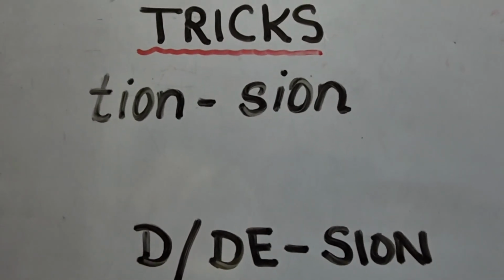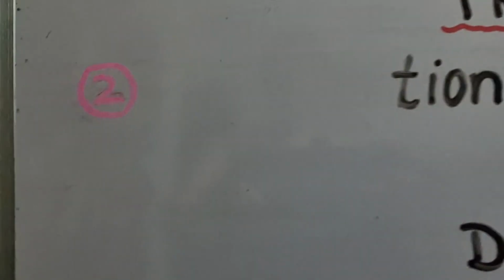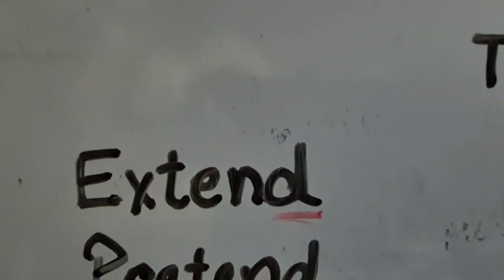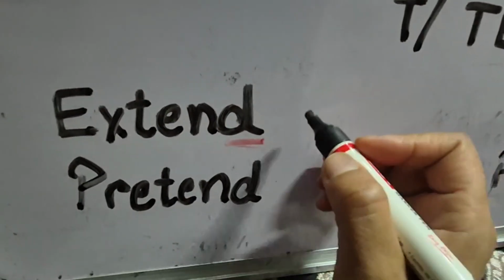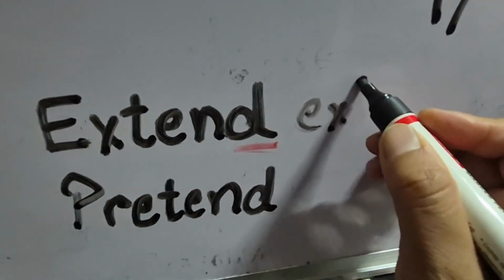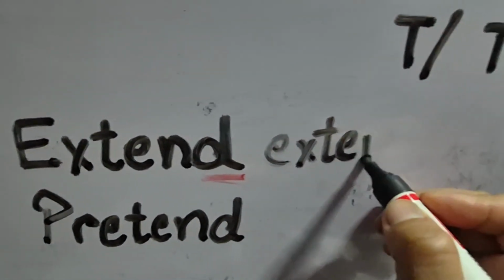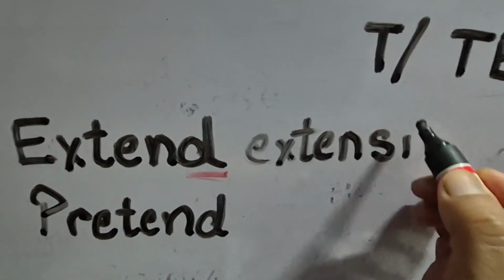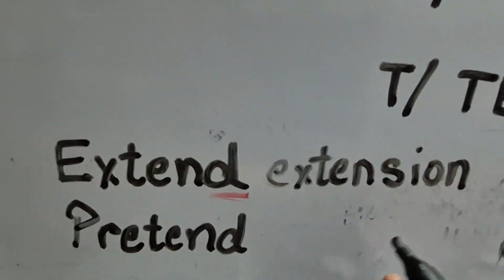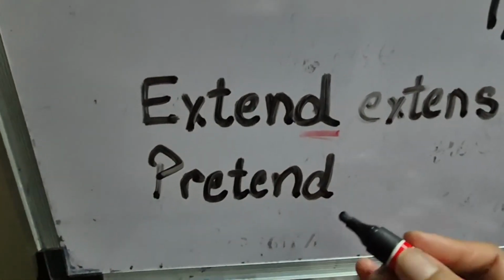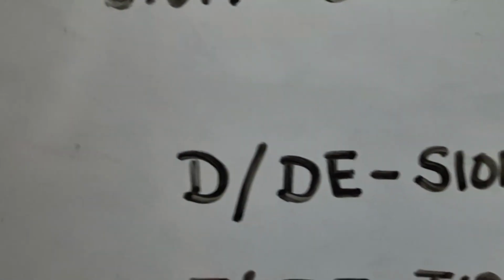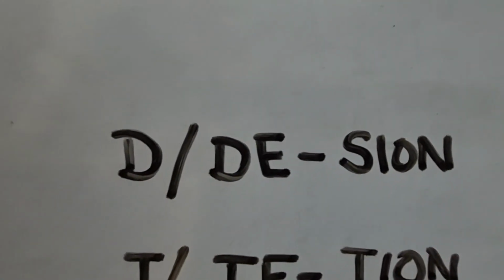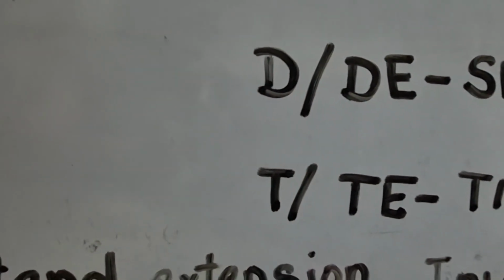Okay? For example, the word extend ending with D. Okay, so it becomes extension. Fine. Now next word is pretend ending with D. See here the rule says if it ends with D, we will add SION.